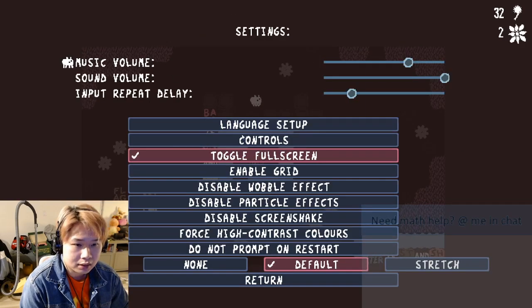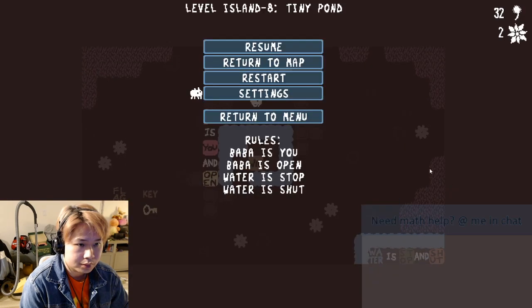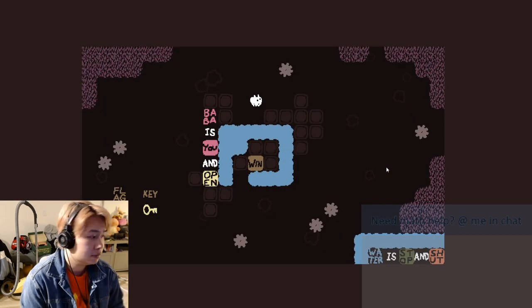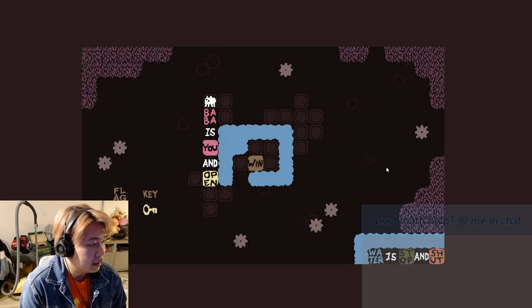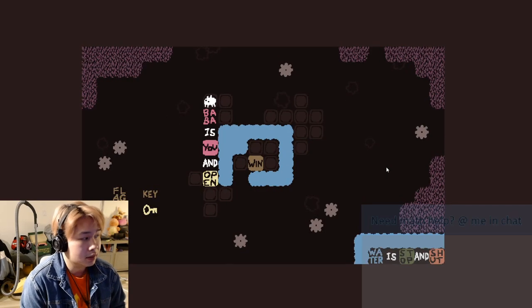Settings, hold on. Oh weird, there's no window mode. So I don't know, I've been stuck on this one for a little bit.